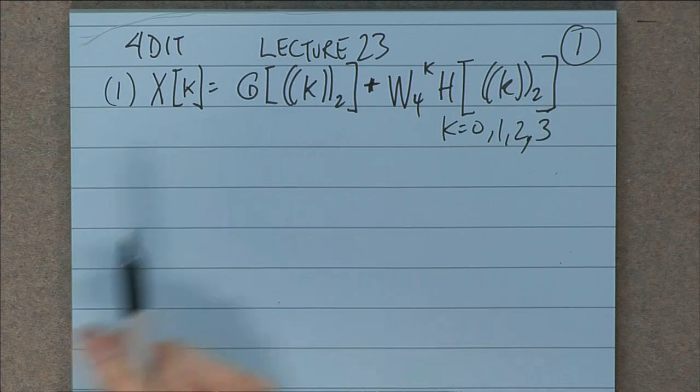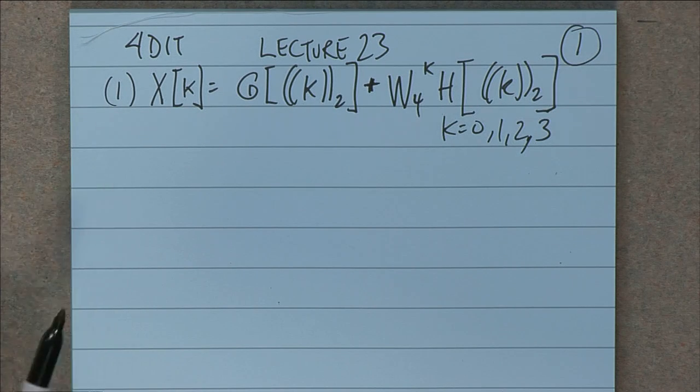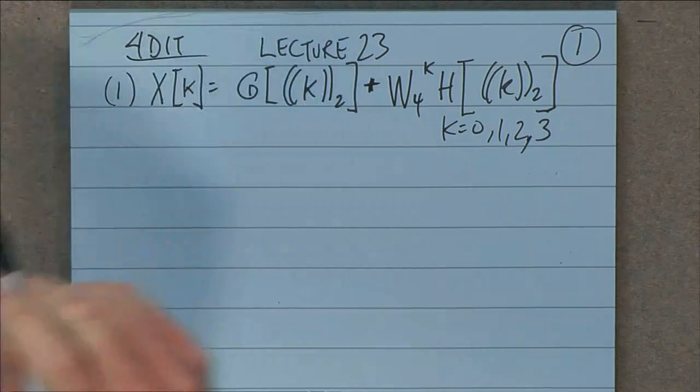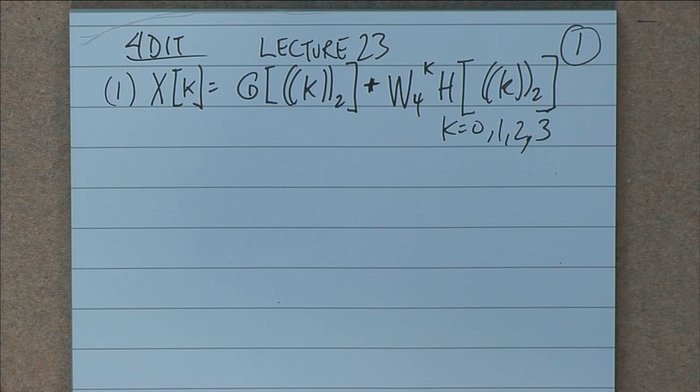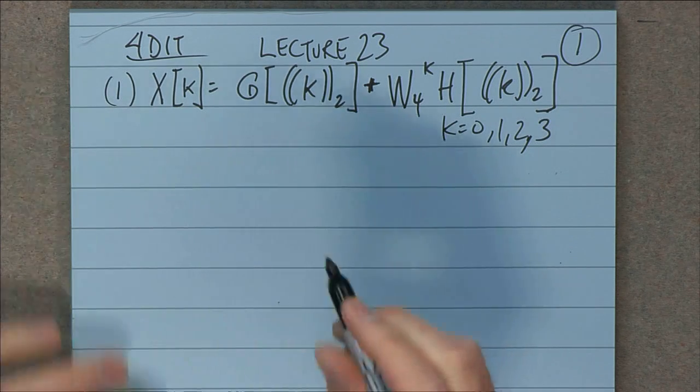We're going to write down the equations in gory detail and see how they're implemented in a flow diagram. It's a 4-point decimation in time, so it won't take us all day, but you'll get the major concept if we break it down like this.